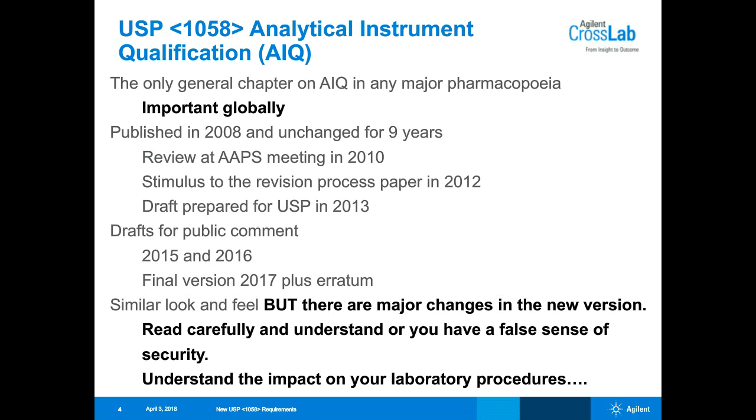Coming out of that was an agreement between Chris Burgess and myself and the USP to write a stimulus to the revision paper that was published in January of 2012.